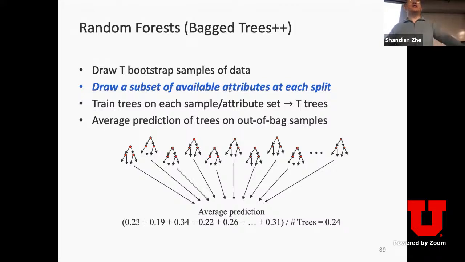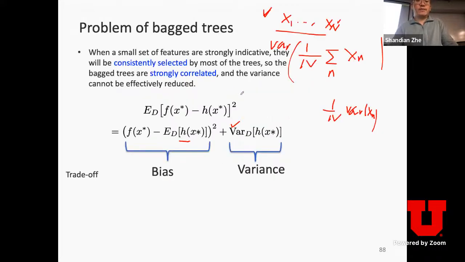Then those tree structures will be highly similar to each other, right? Even if you have collected, say, 20 such trees, because of the high correlations, you're not effectively reducing the variance. That means you won't effectively improve the generalization performance. Does it make sense? That's the practical issue.